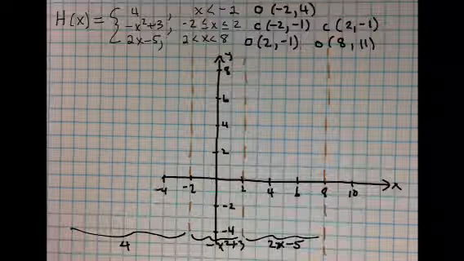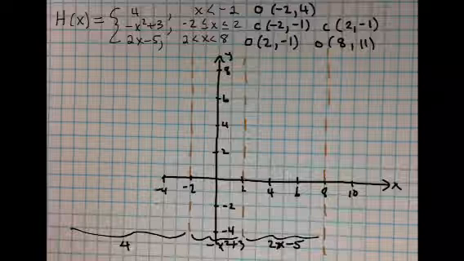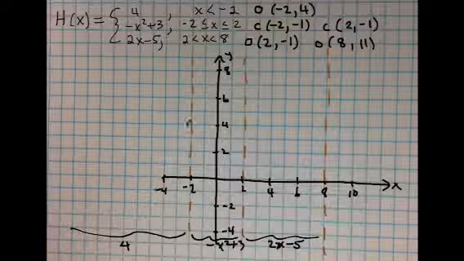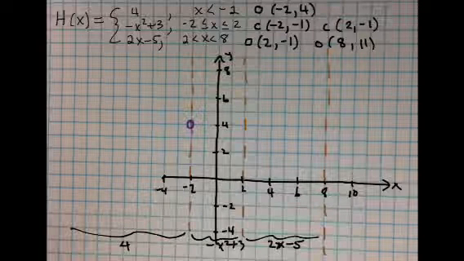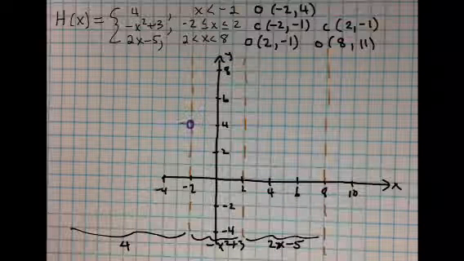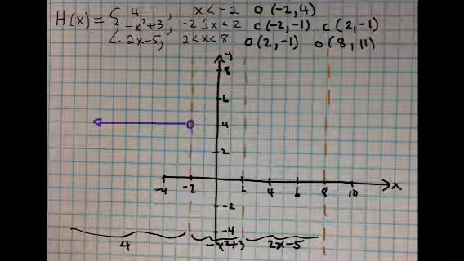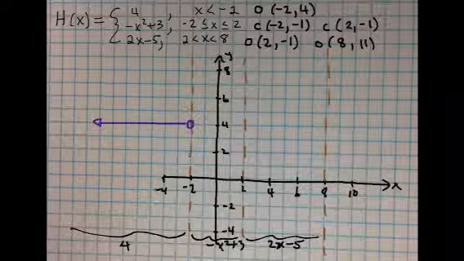Okay, so on the first part, starting with -2, 4, let me use a different color. -2, 4 is going to be an open dot. The equation is y equals 4. It's a horizontal line, but I could only go to the left of -2, so it's going to go this way.